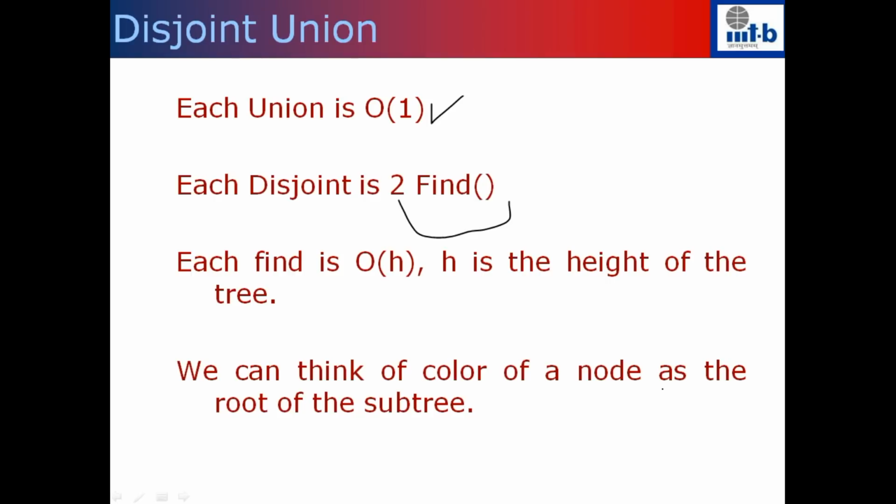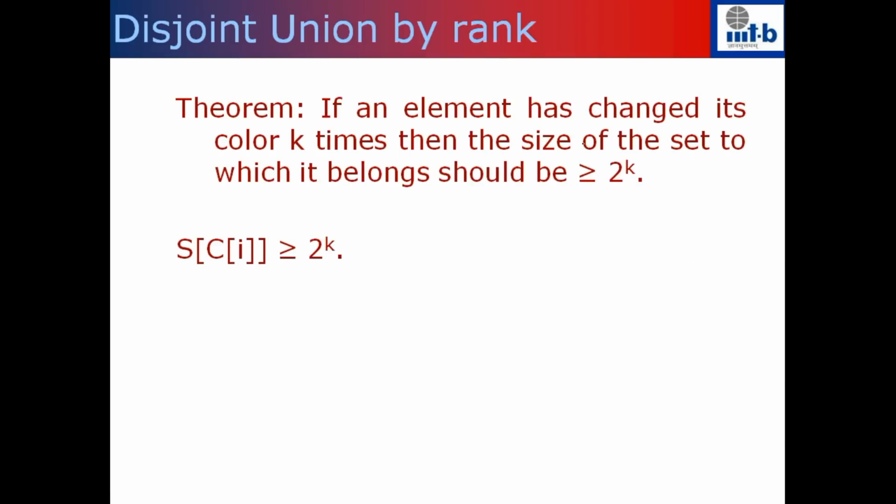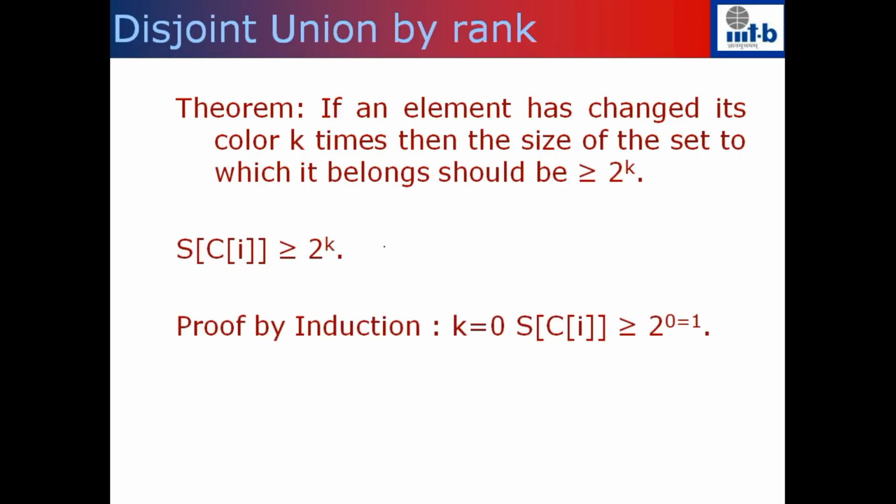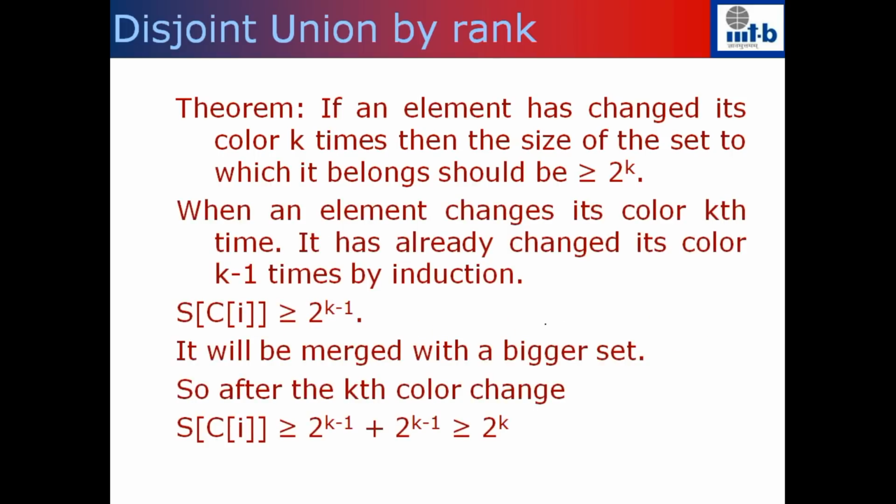Just to quickly recap the previous theorem: if an element has changed its color k number of times, the size of the set to which it belongs is 2 to the power k. So if k is 0, the size of the set to which it belongs is 1. And if it is going through a color change for the k plus 1 time, that means it has already undergone color changes k minus 1 number of times.